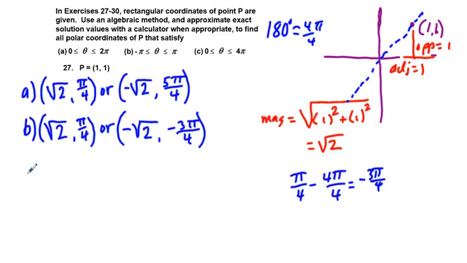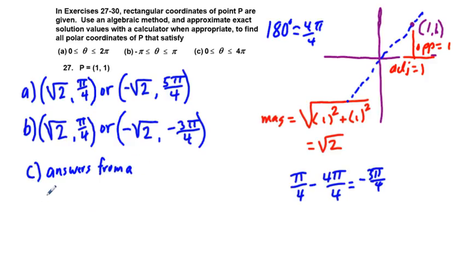All right? And then for part C, part C is going to be between 0 and 4 pi. And to find out what that is, well, we're going to have answers from part A. Okay.